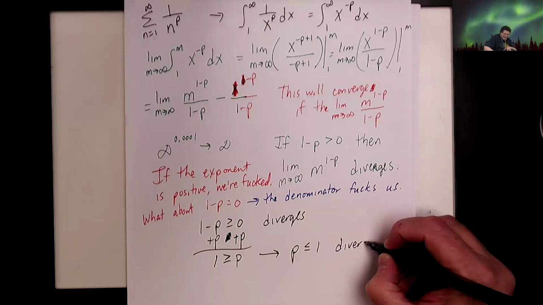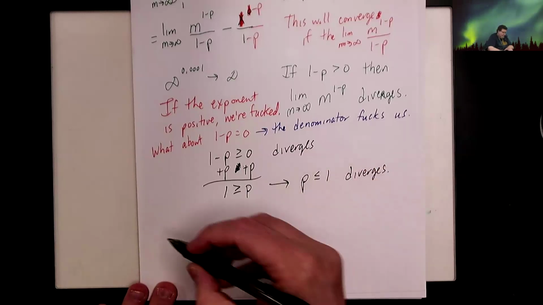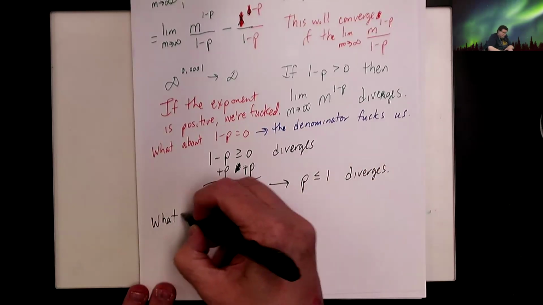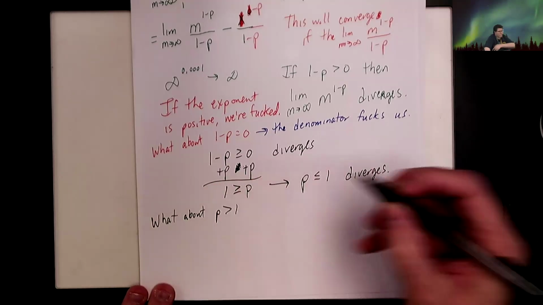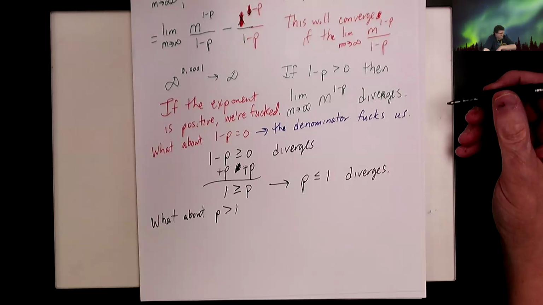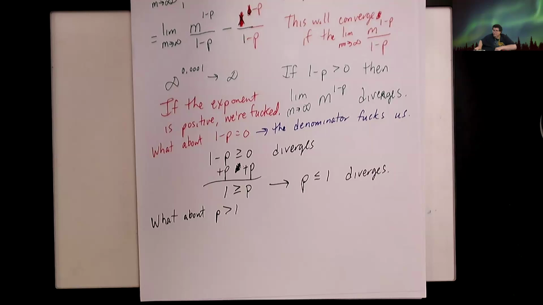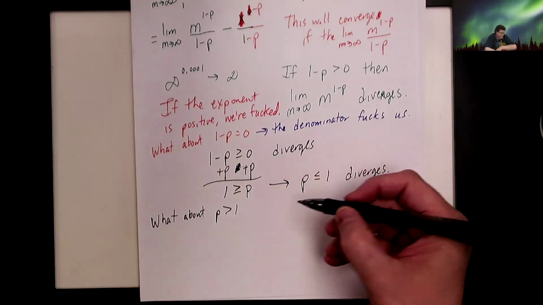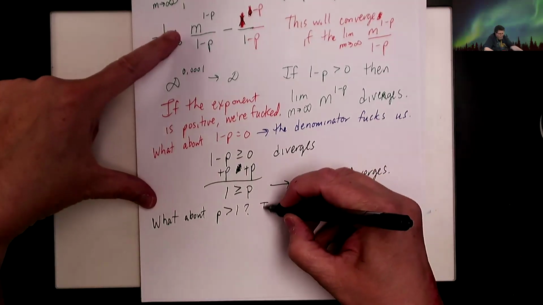P less than or equal to 1 diverges. What about p greater than 1? Well, now that makes my exponent negative.